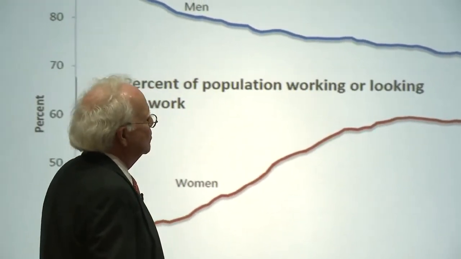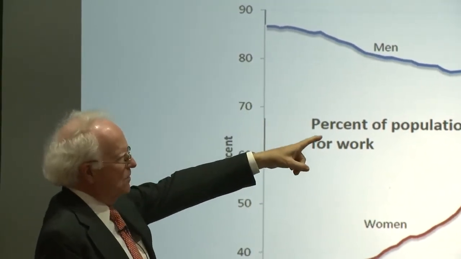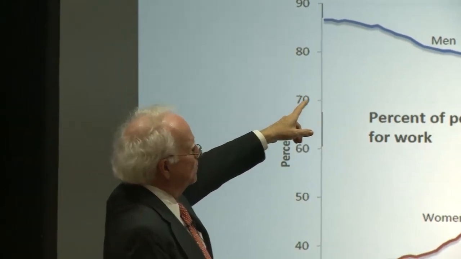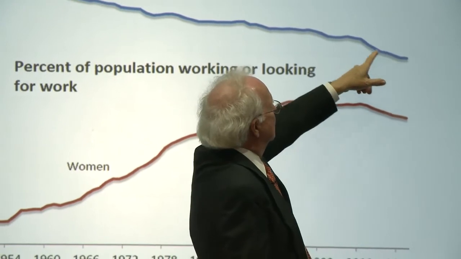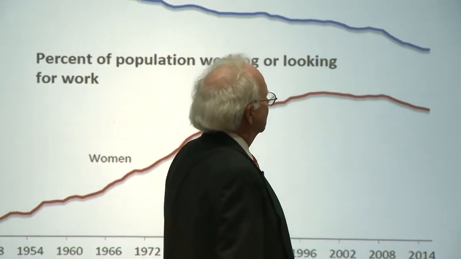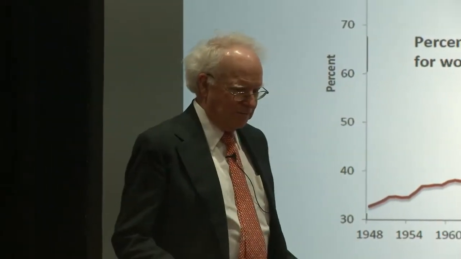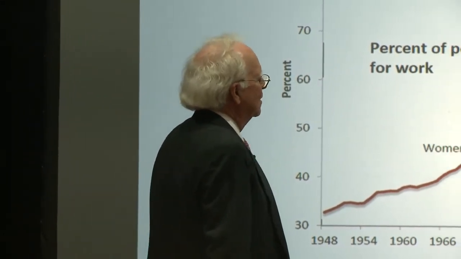The same thing at the same time happened for men. Now for men, there had been an established downward trend in labor supply per person. But again, you see that there was a surprise, and believe me, it was a surprise. Even though I didn't have any fixed ideas about this, it was very much a surprise to me to see it.